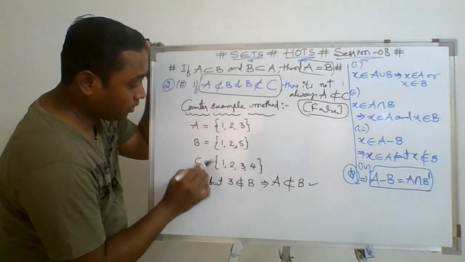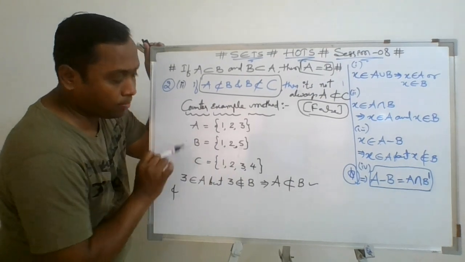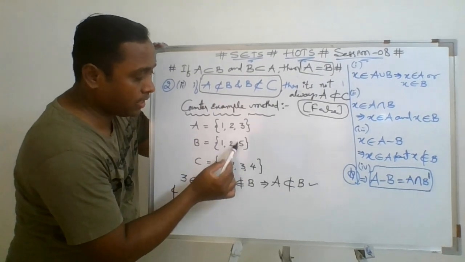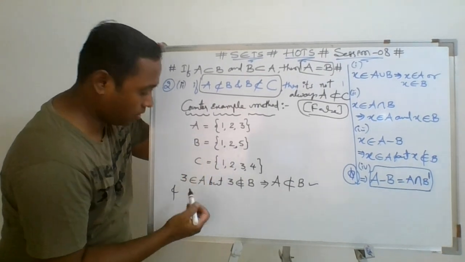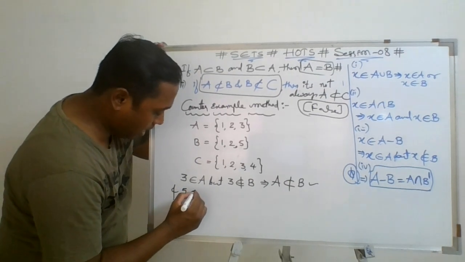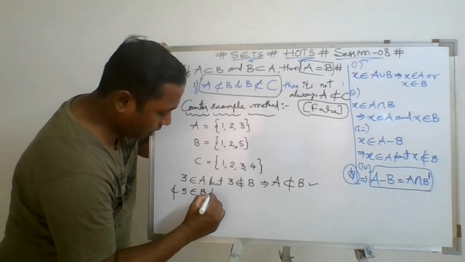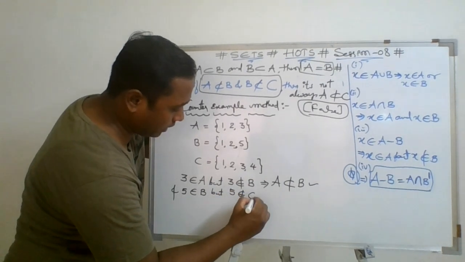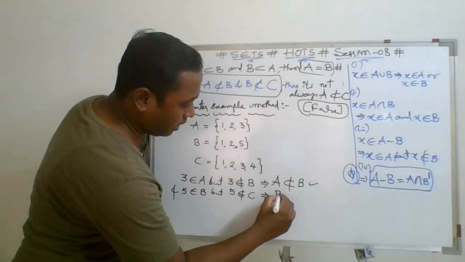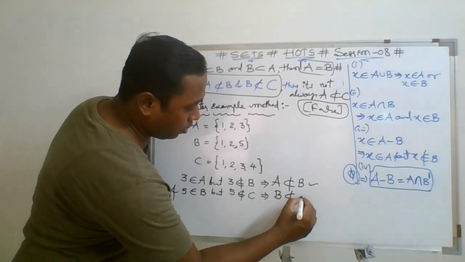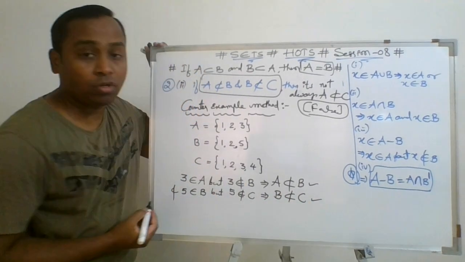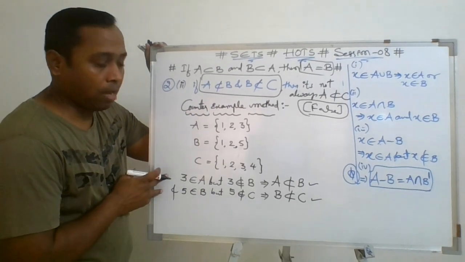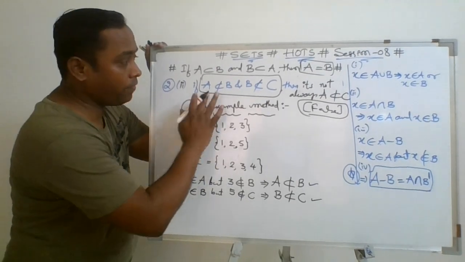Similarly, B is not a subset of C because 2 is in B but not in C. So 2 belongs to set B but 2 does not belong to set C, which implies that B is not a subset of C, which is also a given condition. So my example satisfies the given two conditions.